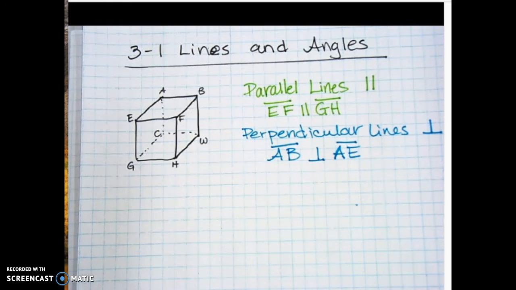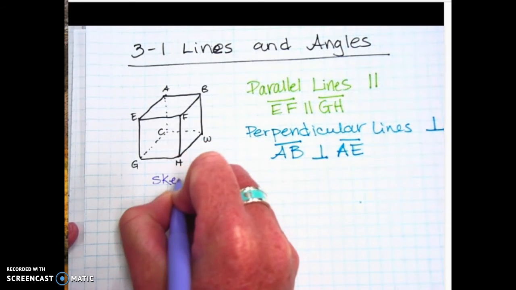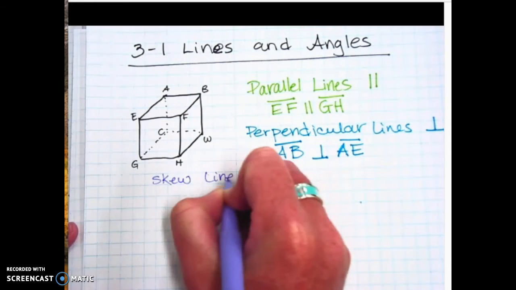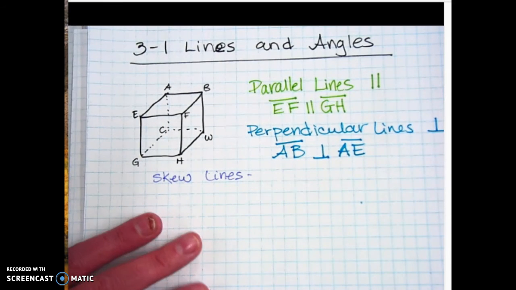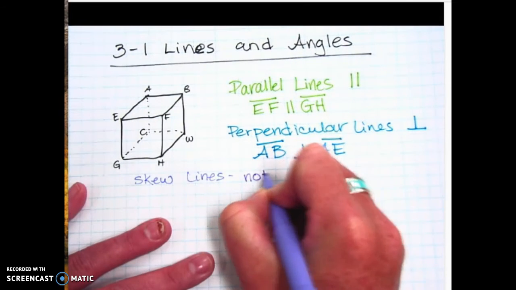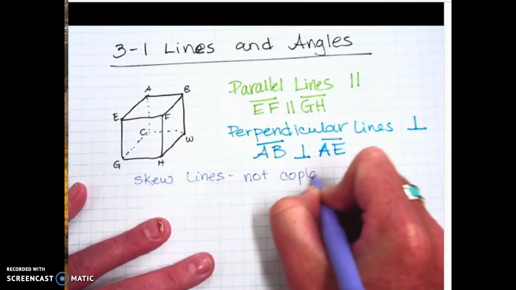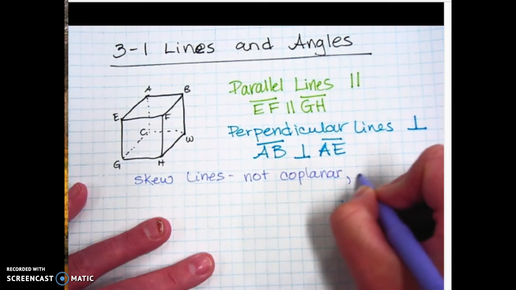Okay. Now we're going to see this word that you guys have seen once or twice that you're all like, what does that mean? It's called skew lines. So now you're officially seeing skew. Skew is when your lines are not coplanar and they do not intersect.